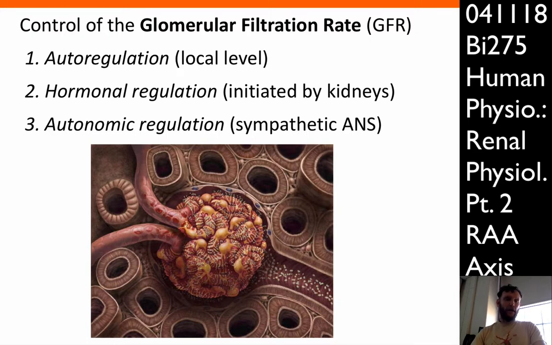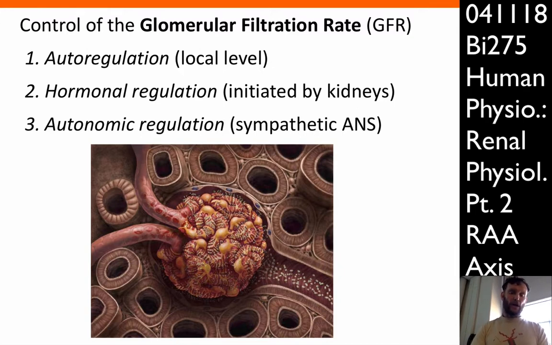Then there are the chemical and the electrical, the hormonal regulation that is indeed initiated by the kidneys, and there's going to be significant innervation by the sympathetic autonomic nervous system. I sometimes regret a little bit that I didn't go through the autonomic nervous system to any appreciable degree this year. I did last year, but it's enabled me to cover what I cover a little bit better, I think.